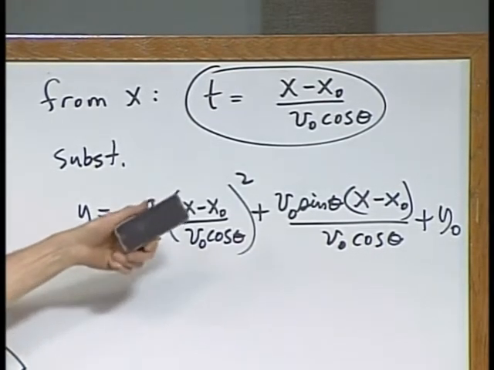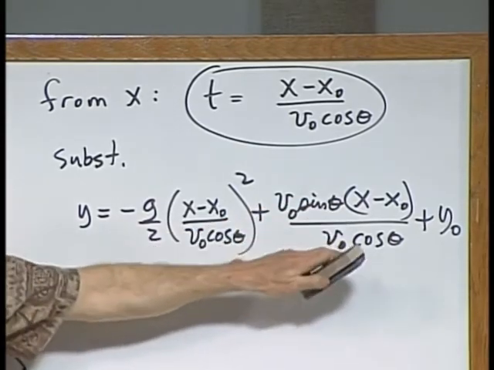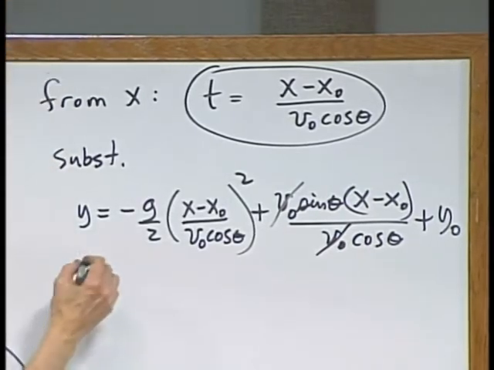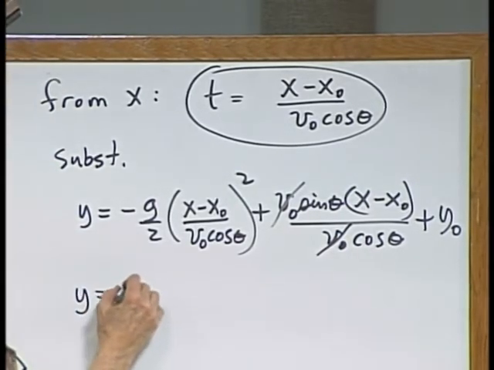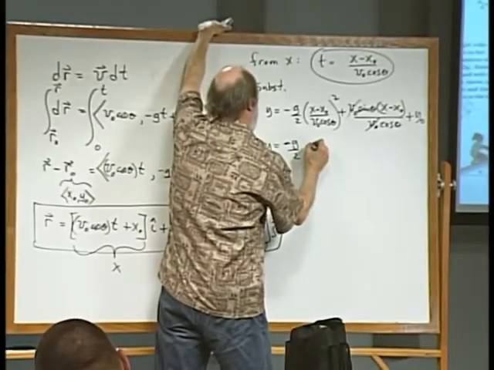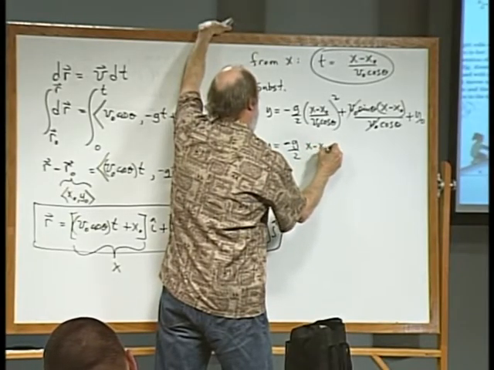We can clean this up a little bit by eliminating the v naught in the second expression, and we end up with y equals minus g over 2 x minus x naught.